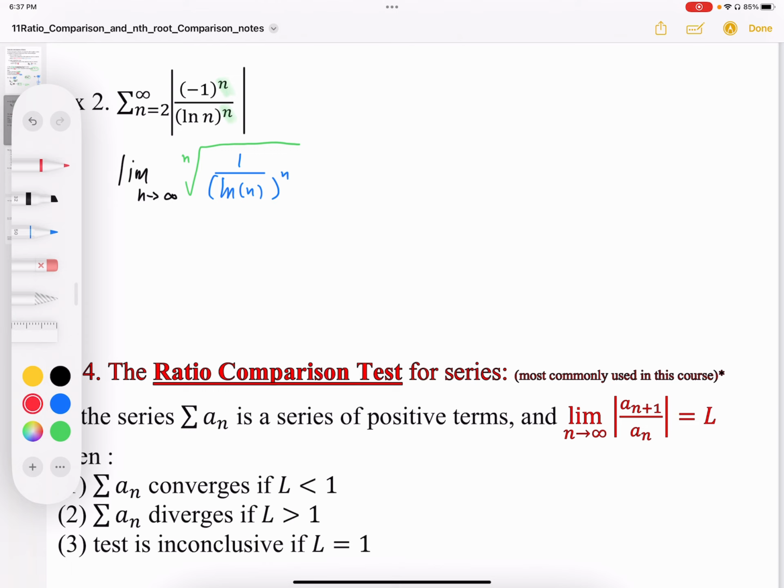Those n's will cancel out. So we end up with the limit as n approaches infinity of 1 over log n. And when that happens, we can evaluate this limit. We can put infinity in there, and that's going to be equal to 0.